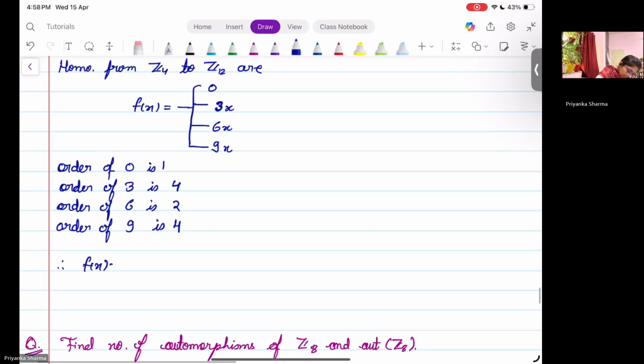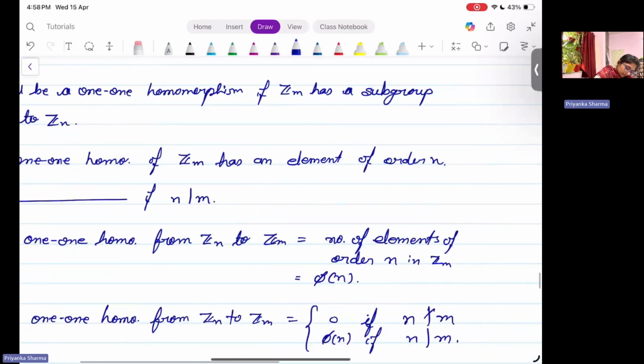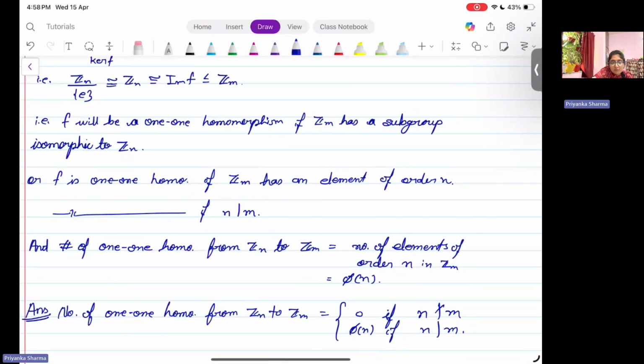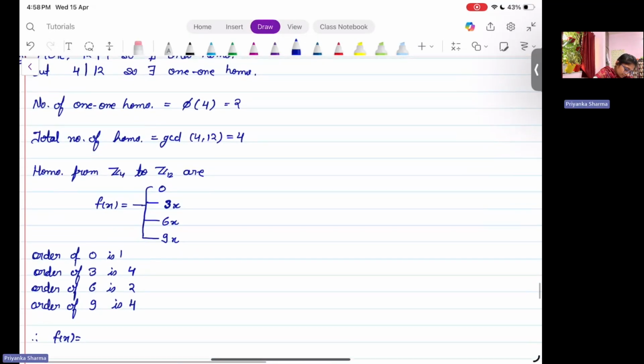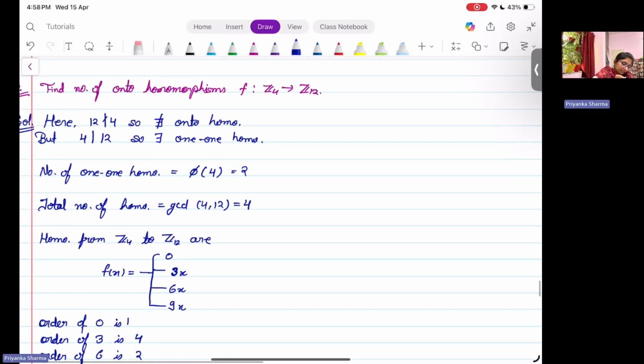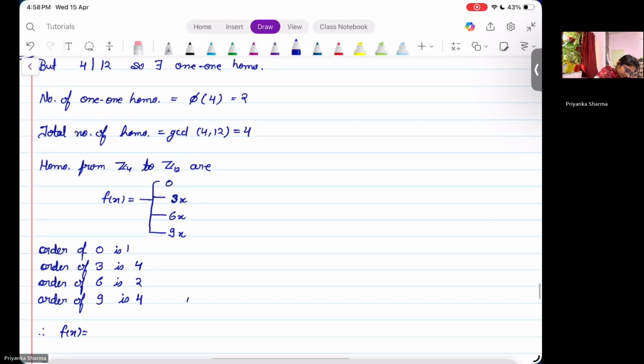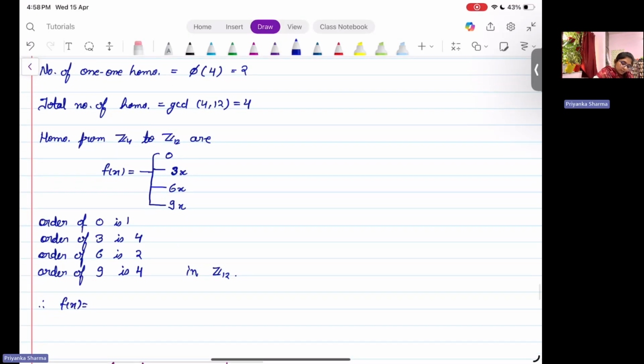Therefore, see here what we have done. We found the number of 1-1 homomorphisms by the number of elements of order n in Zm, right? So here, we find the 1-1 homomorphisms by the elements of order 4 in Z12. So these orders are calculated in Z12. So we have these two elements of order 4 in Z12.